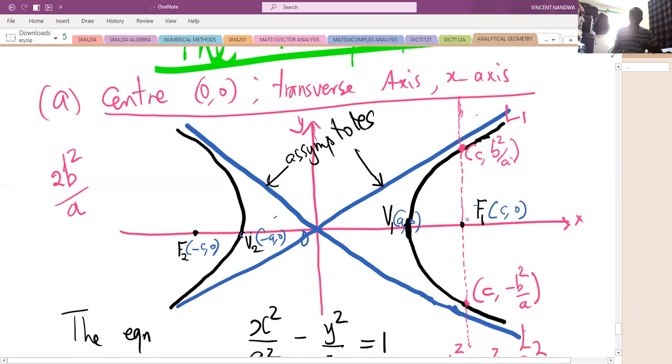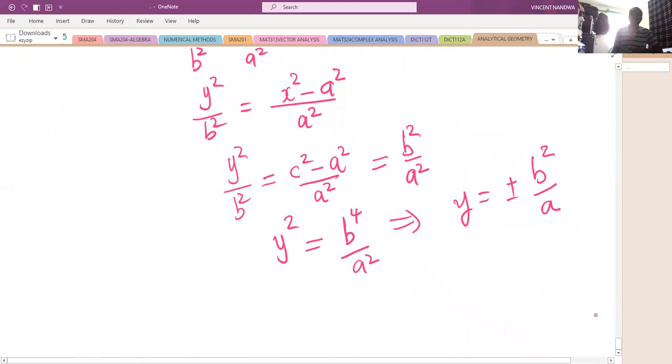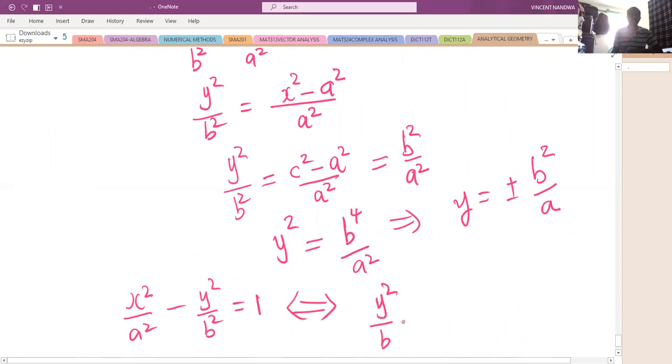Our interest was to find the equations of these asymptotes, these two lines here. So from x squared over a squared minus y squared over b squared equals 1, then we say y squared over b squared equals x squared over a squared minus 1.